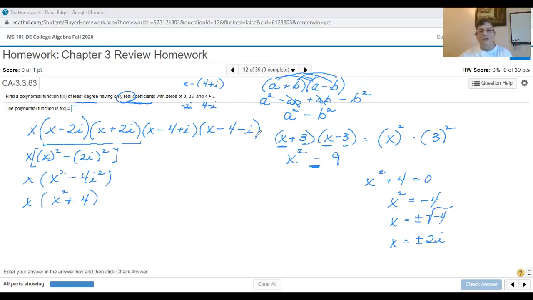Now this works pretty much the same way, except that instead of breaking the factor up and thinking of it as x minus 4 plus i and x minus 4 minus i, I'm going to break it up here where the sign changes.